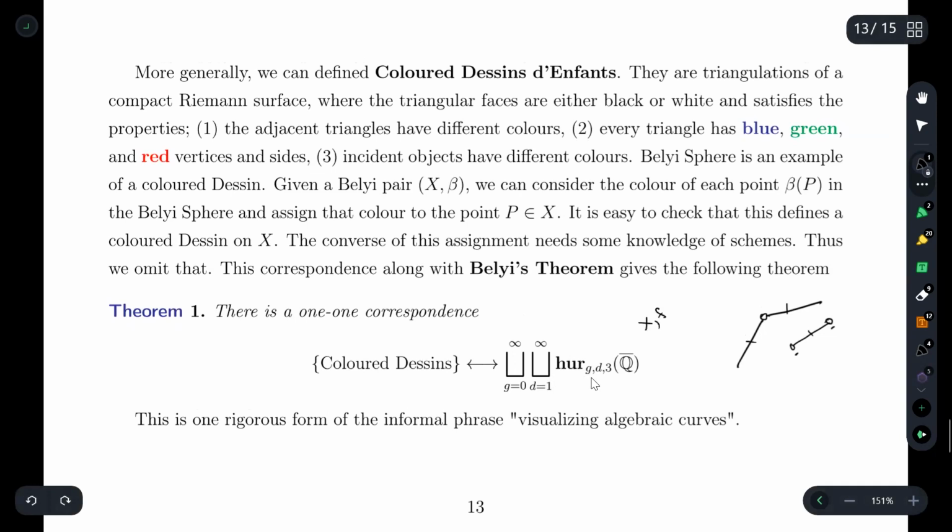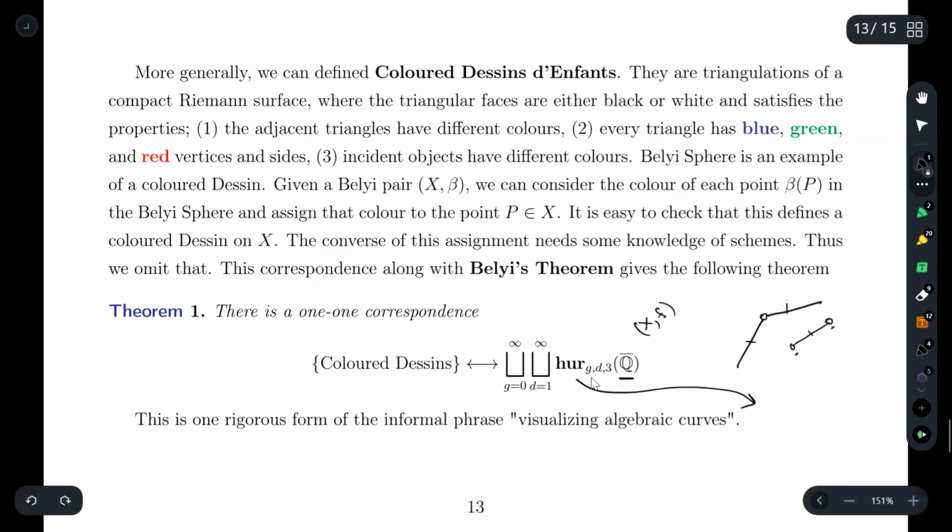So previously you defined Hurwitz only over C, right? Yeah, but you can just change the field of definition here. Okay. So I am defining them over C, and I don't know a priori whether that map is defined over Q bar or not, but here it is determined by Belyi's theorem.